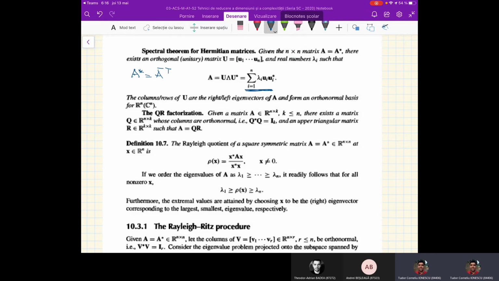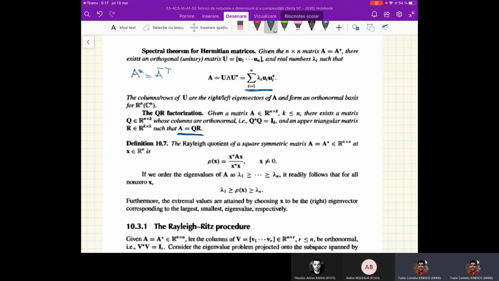So you can always write a Hermitian matrix in this fashion. Then you remember the QR factorization: given a matrix A in R^(m×n), which is not square, there exists a matrix Q whose columns are orthonormal, so Q star Q is the identity, and an upper triangular matrix R such that A is QR.